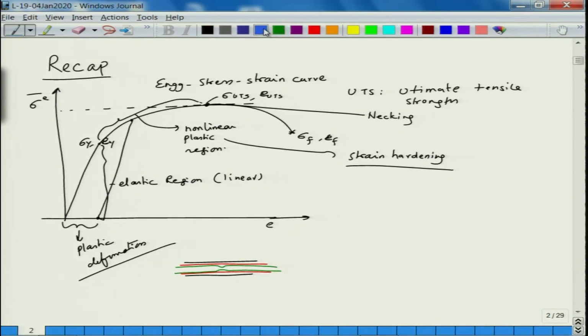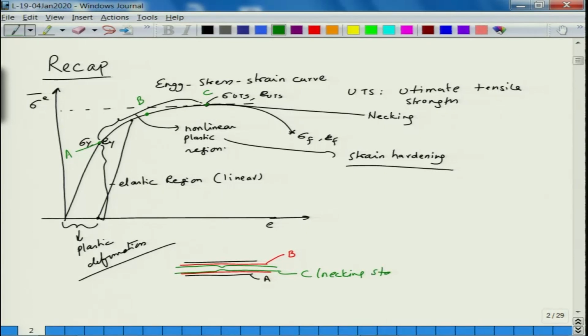So, let us say this is point A, this is point B, and then you are at point C. This is the point at which the neck starts to form, and so this is where necking starts.